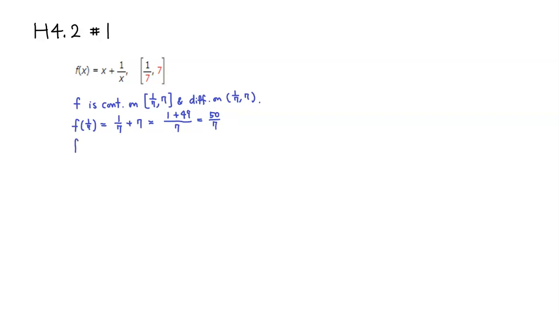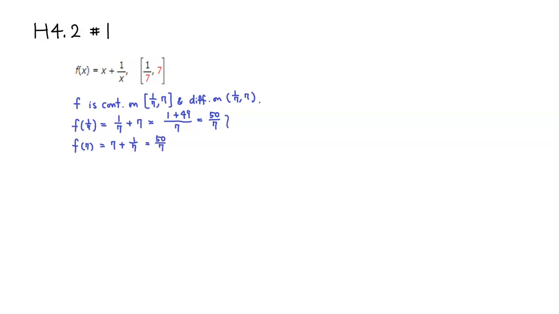Right, if you do f of 7, this is going to be 7 plus 1 over 7, which is just adding in the opposite order, so this is still going to be 50 over 7.